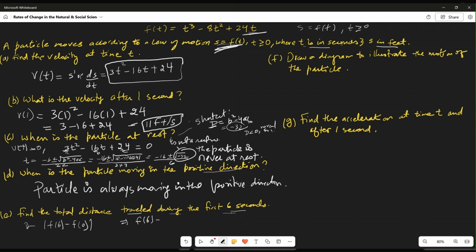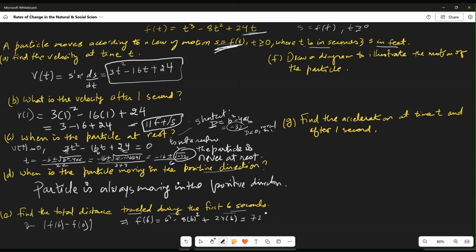So you will end up with 6 cubed minus 8 times 6 squared plus 24 times 6, and you can use a calculator and you'll end up with 72 feet. Make sure you're not writing feet per second. This is not a velocity function. You're not asking how fast this particle is moving in a particular direction.